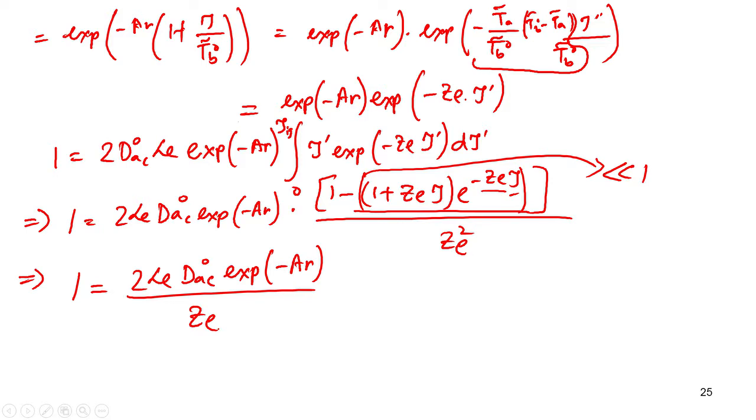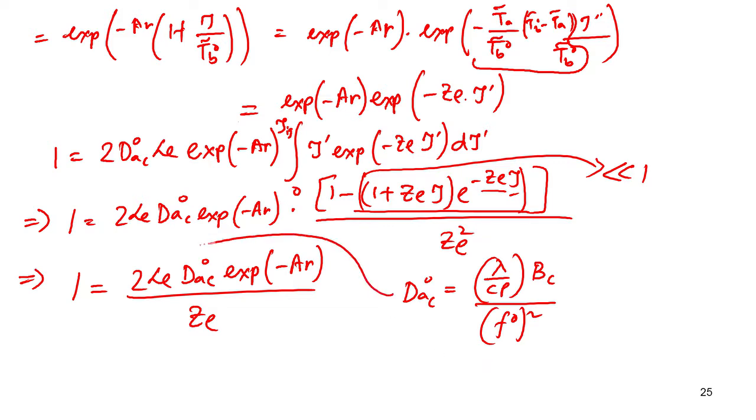Why? Because you have to remember the definition of the collision Damköhler number, and that contains lambda by Cp times B_c by F0 squared. Now let's substitute it here. If you substitute this into this, you immediately see that F0 squared comes in the denominator, so we can take it on the left hand side.